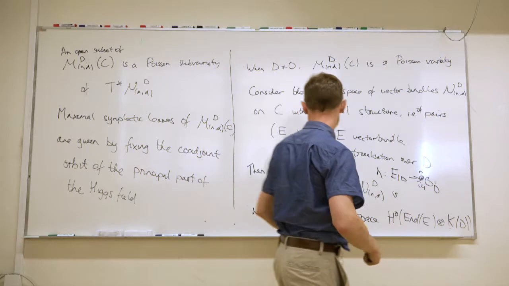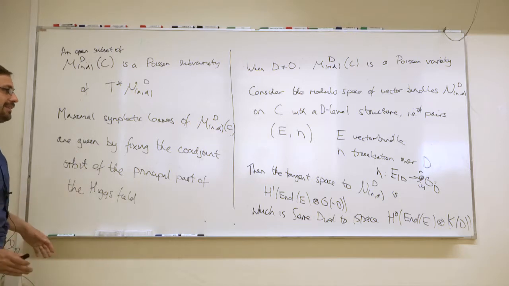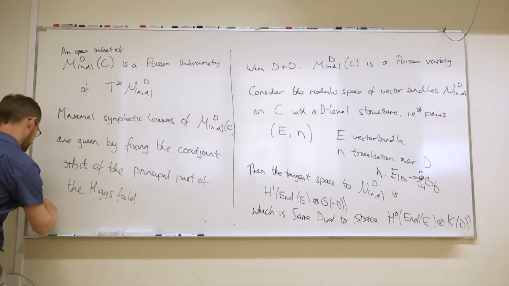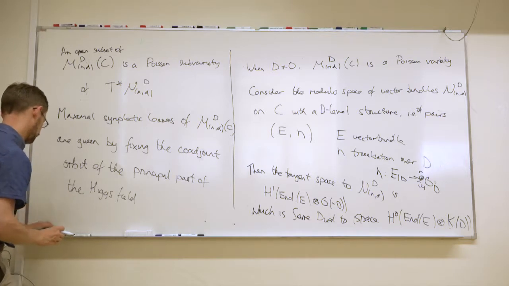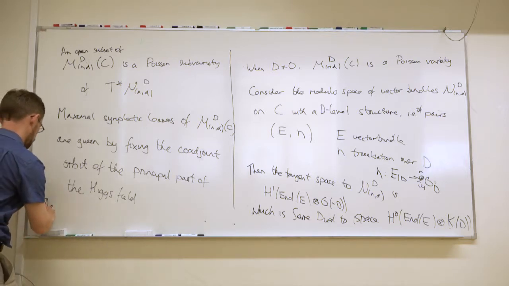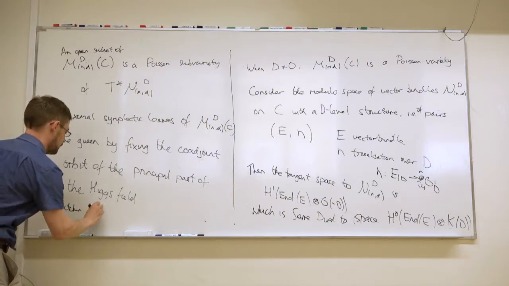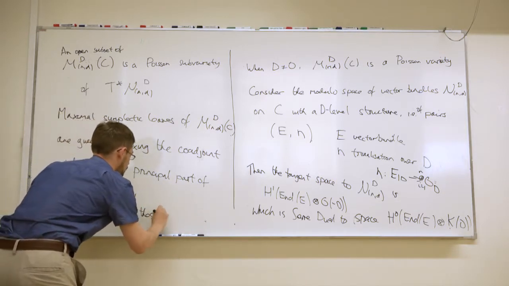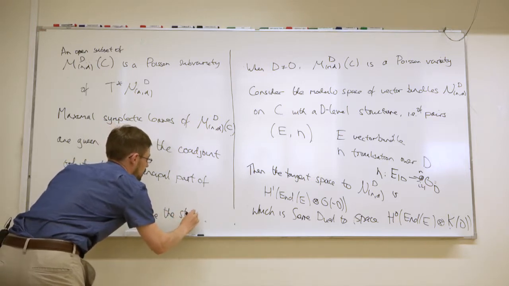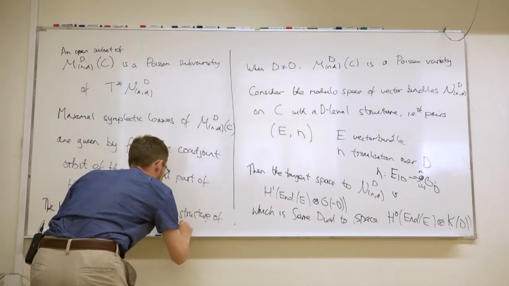So you can fix its co-adjoint orbit, and then you have a maximal symplectic leaf, and then the Hitchin fibration gives this the structure of an algebraically complete integrable system.